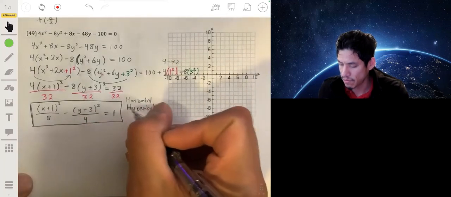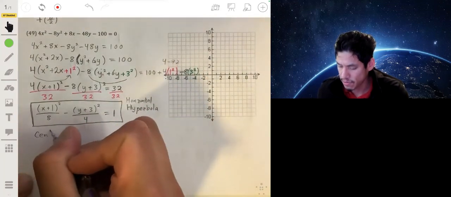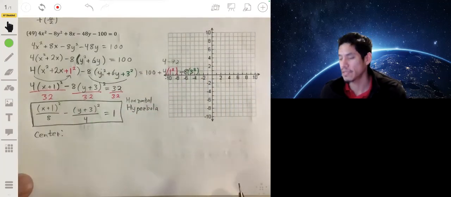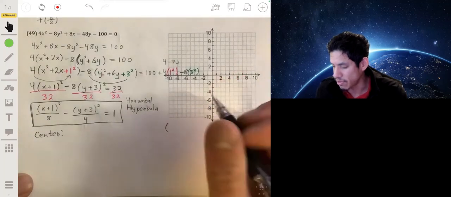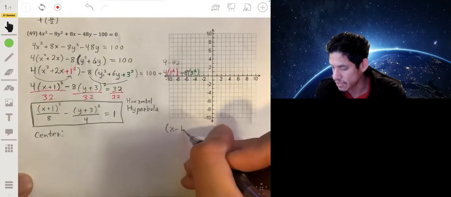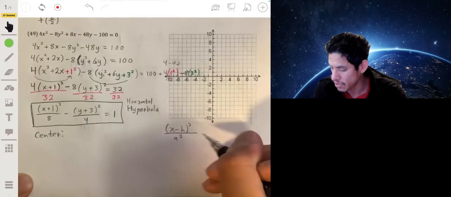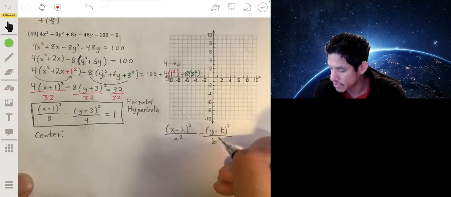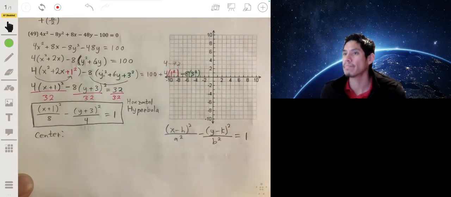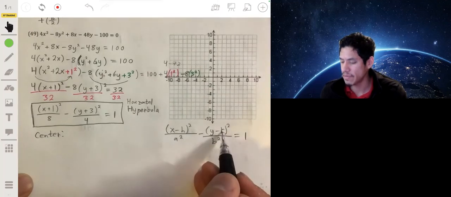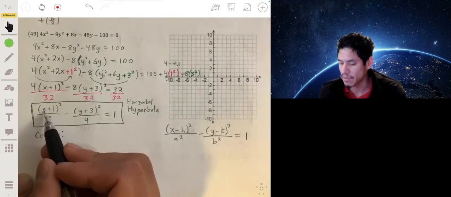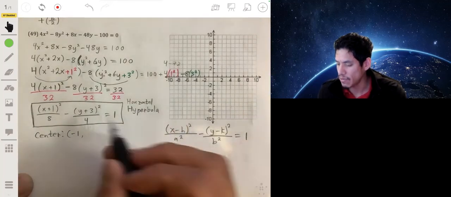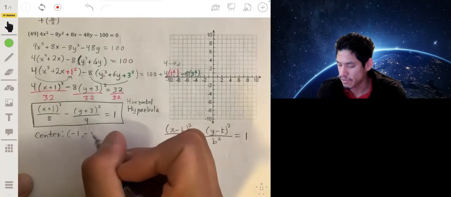Now, the center will be again at (h, k). So let me just rewrite the general equation for a hyperbola over here. So x minus h squared over a squared minus y minus k squared over b squared is equal to 1. So for the center (h, k), x plus 1 is the same as x minus -1, so h is -1, and y minus -3, so k will be -3.